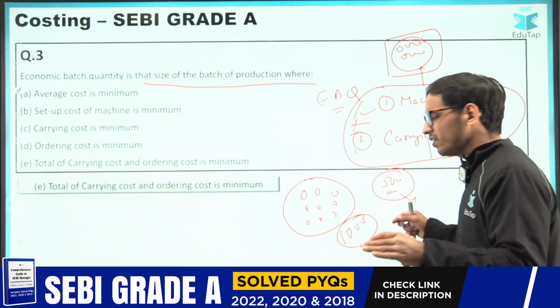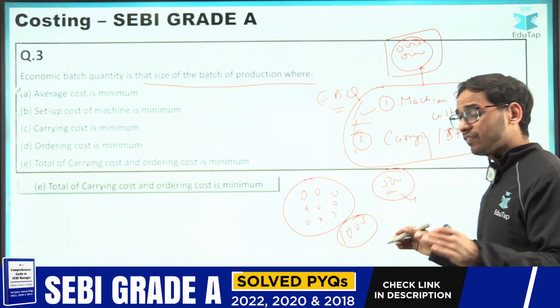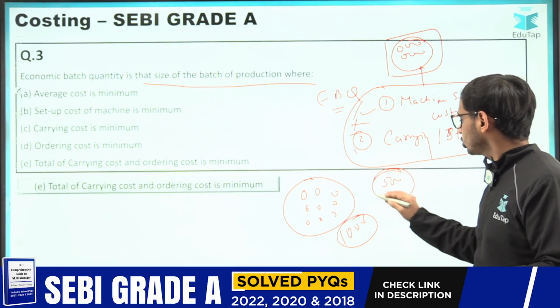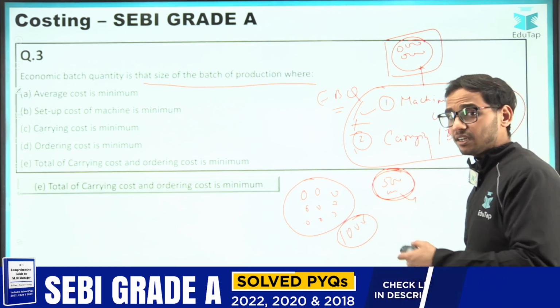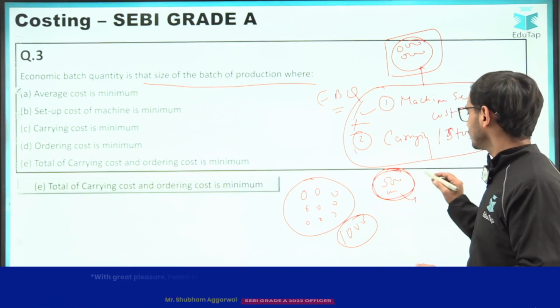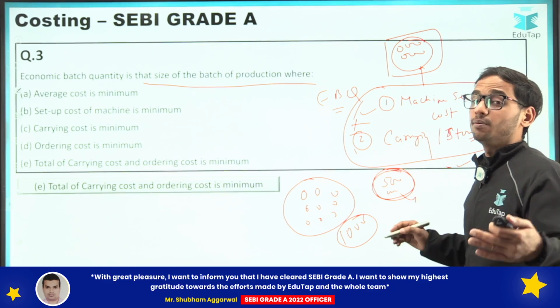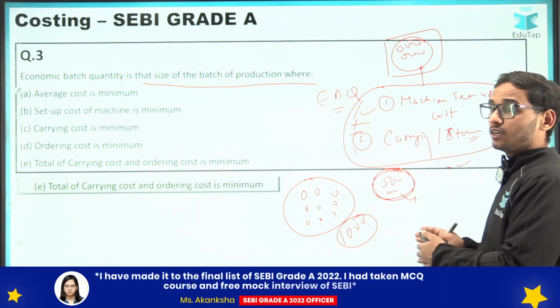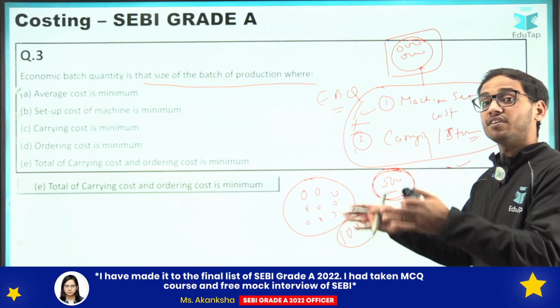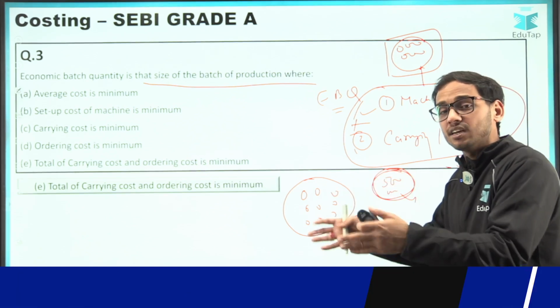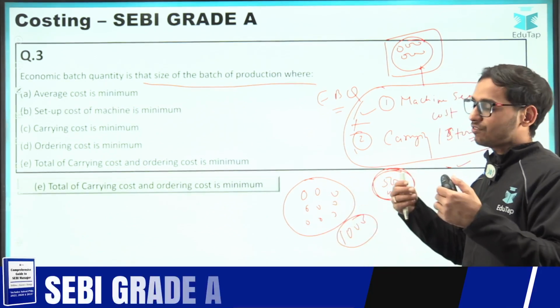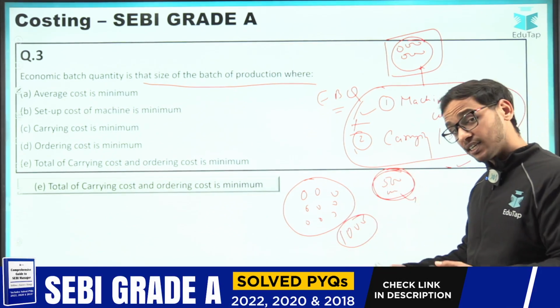But now we also have to store these 500 units in the inventory, isn't it? When the machine is free or available, only then can we set it up. Till then we have to store these 500 units in our inventory or warehouse, and we are going to incur cost on that, isn't it?